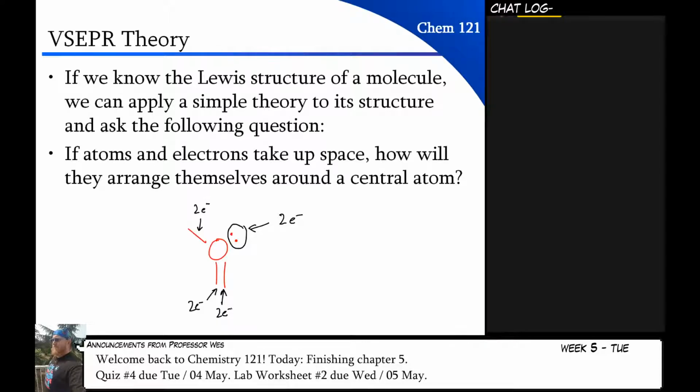What do electrons do to each other? Electrons always repel. And so that means that those electrons at the top are going to repel each other, these electrons over here are going to repel each other, and these electrons over here are going to repel each other. Now, these are my electrons for my double bond.